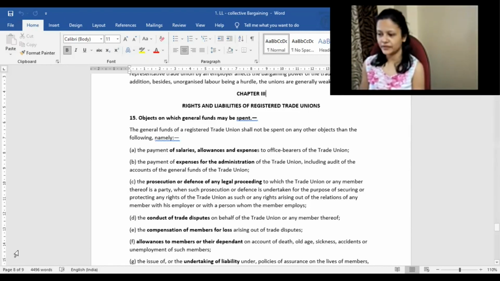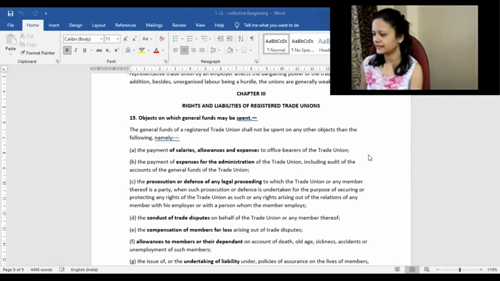So when a trade union gets registered, it comes with some rights and liabilities which they need to follow. Liabilities, as in there will be some restrictions on how funds will be utilized. Like that, there will be some restrictions which they need to follow.